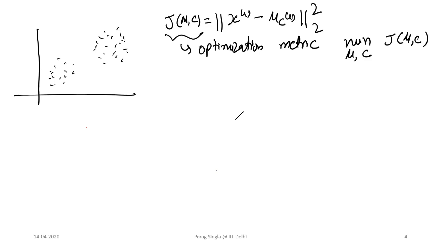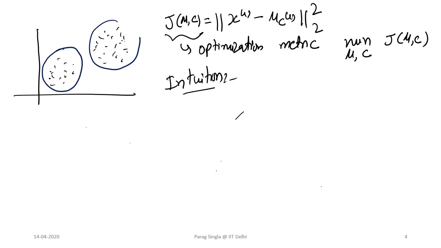Now I have given you a bunch of mathematics and maybe complicated looking expressions, but let us try to understand the intuition behind discovering this cluster. As we saw on the previous diagram, this is maybe the clustering that we are looking at, and not the red one that I drew on the previous slide.